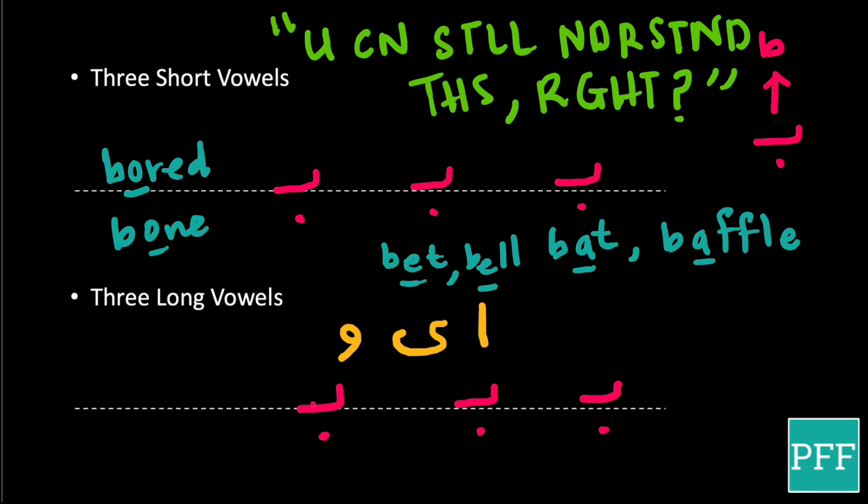What we can do is we can add these long vowels. And in the case of long vowels, we actually do show them. So it's not like the short vowels where you exclude them.